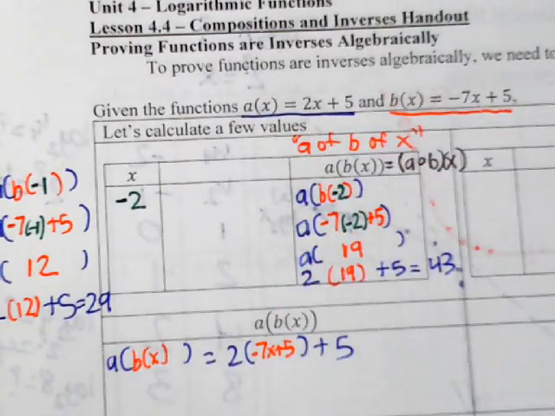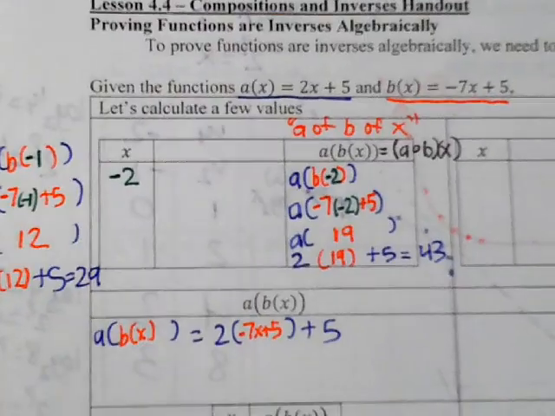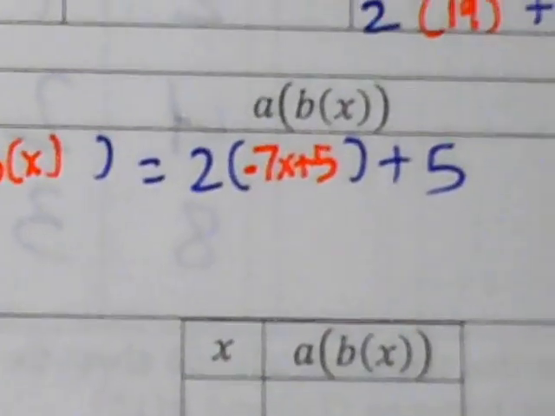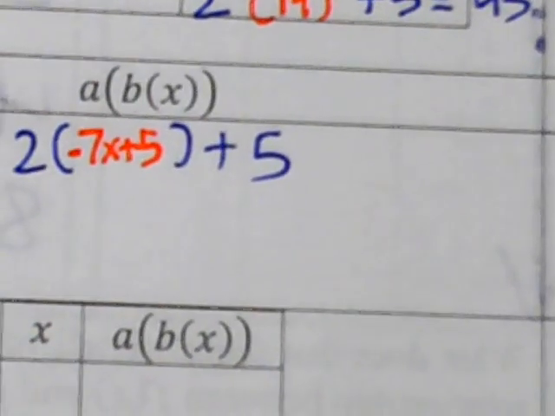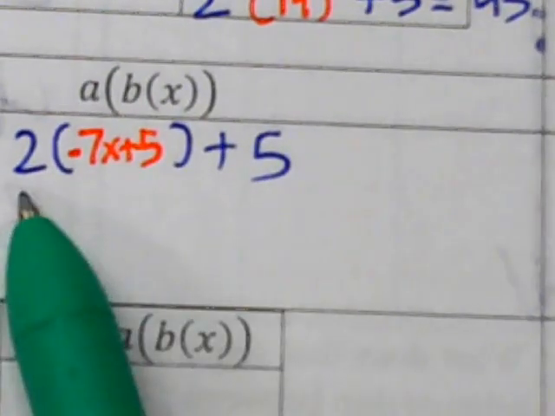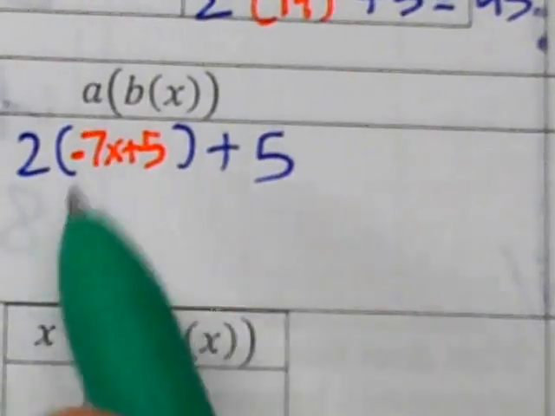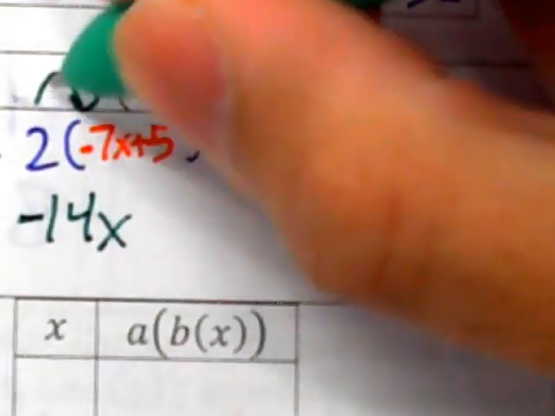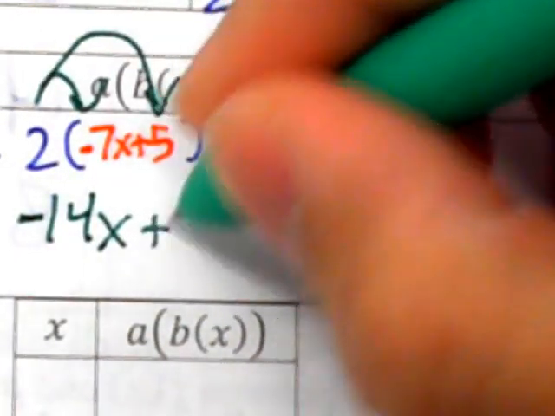Okay, so now we just simplify. We have a 2 that's multiplying this parentheses, so it gets distributed out. 2 times negative 7x would be negative 14x. 2 times positive 5 would be plus 10. And then this other plus 5 is outside the parentheses, so it's not affected by the 2, but it is still there.